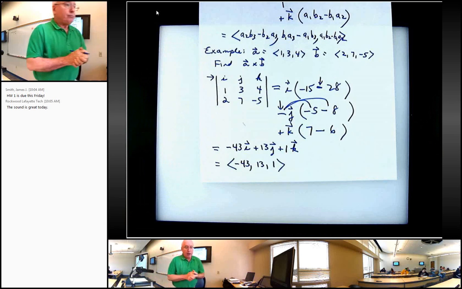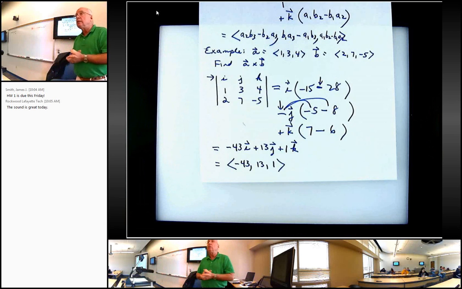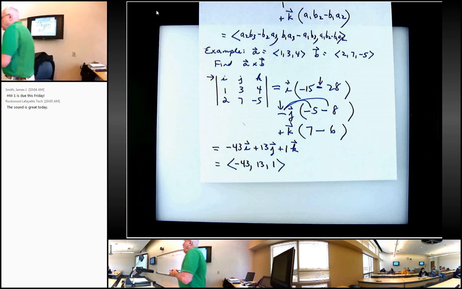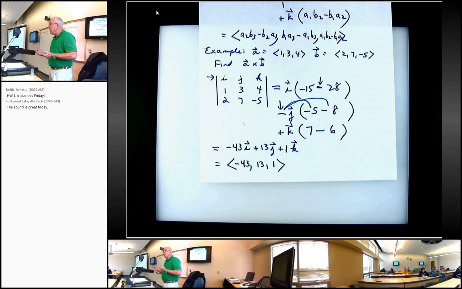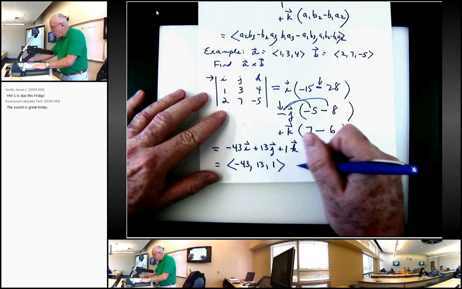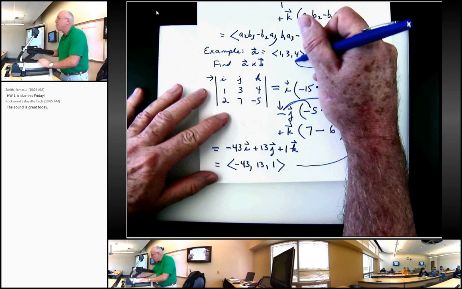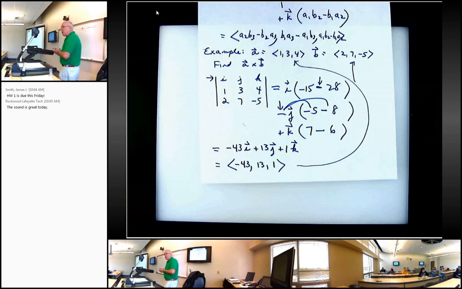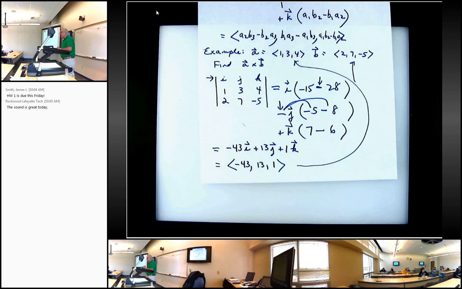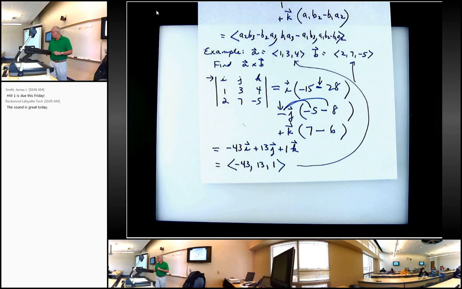All right. Now, it's always a good idea to just double check quickly that this is indeed orthogonal to both of these. So how can I check algebraically? We're not going to be drawing any pictures to figure this out. How can I check that that is orthogonal to my two initial vectors?